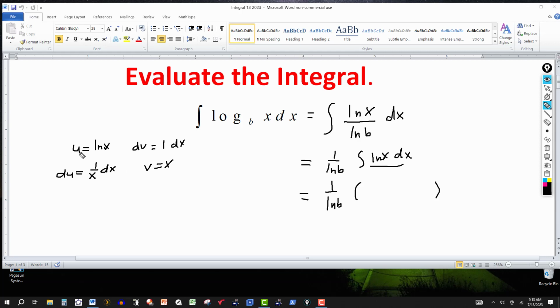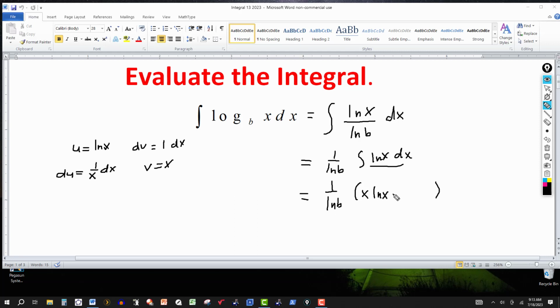After we do these calculations, the first part of the answer is u times v. We have u as ln of x, times v, so I put the x out in front: x times ln of x.